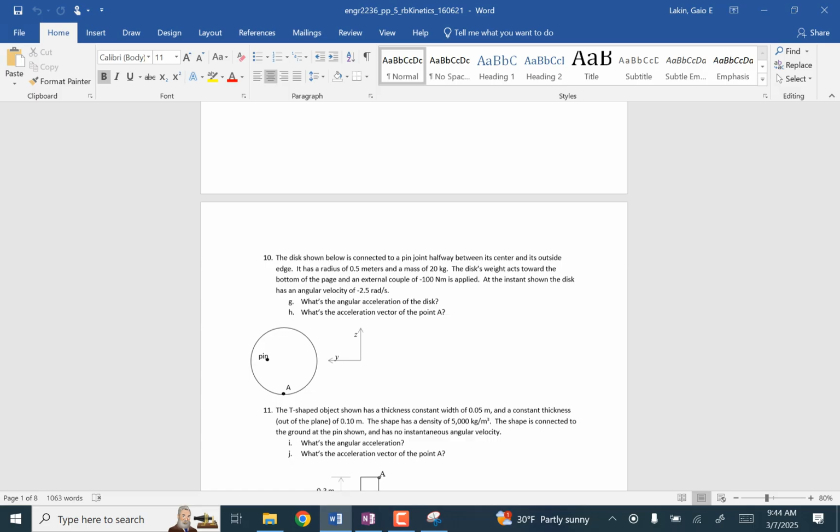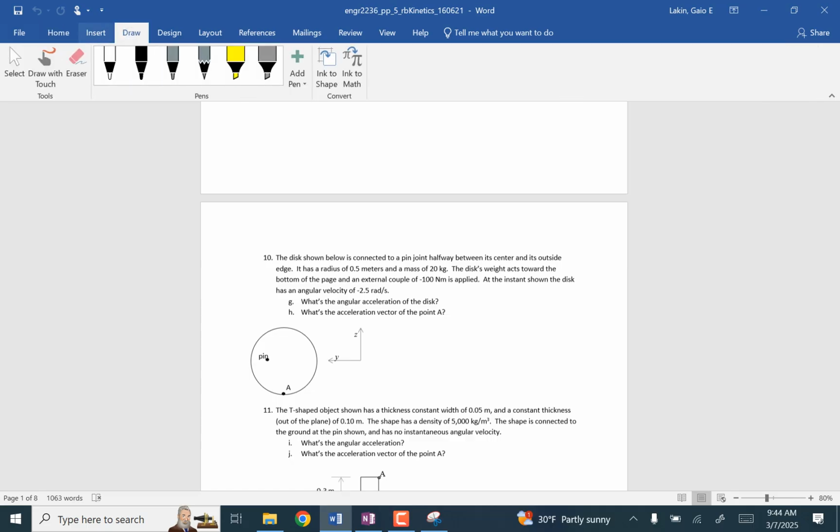I think moment of inertia is the correct term when you were looking at the base inertia for the circle plus the displacement. The displacement was pointing from A to the pin. Oh, okay, right. Yes, you're right. It should be from the center. Yeah, this is the distance that you need for the parallel axis theorem.